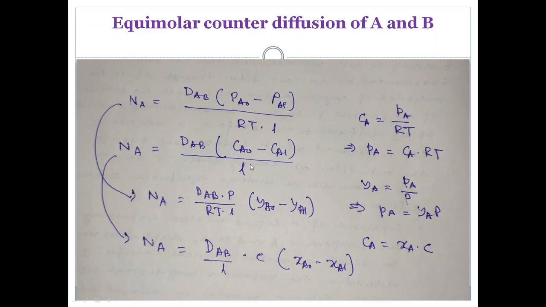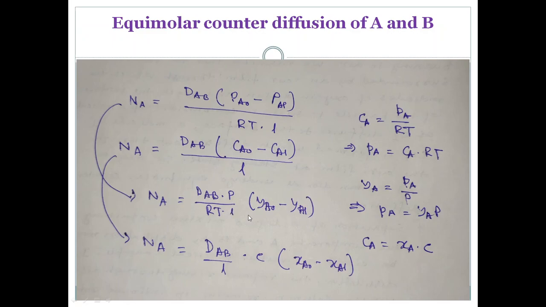Now for mole fraction for gas phase, that is Ya equal to Pa by P, meaning Pa equal to Ya P. So from this equation, if I write Pa equal to Ya into P, Ya0 into P, YL into P, then P will come, so DAB by RT into P by L. This will be flux.